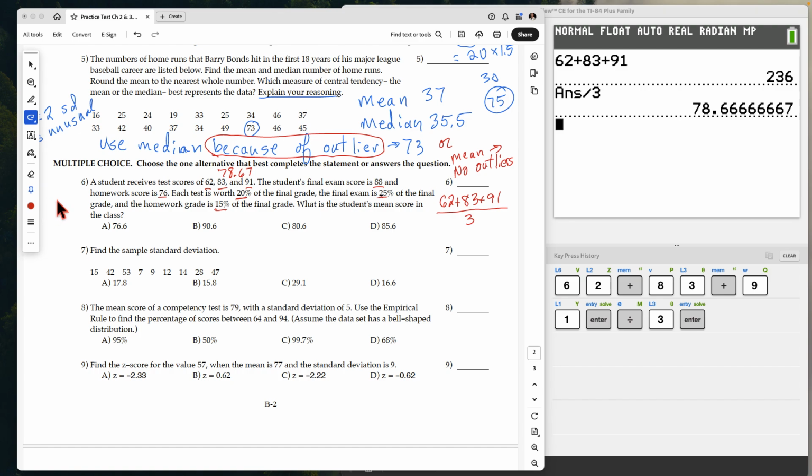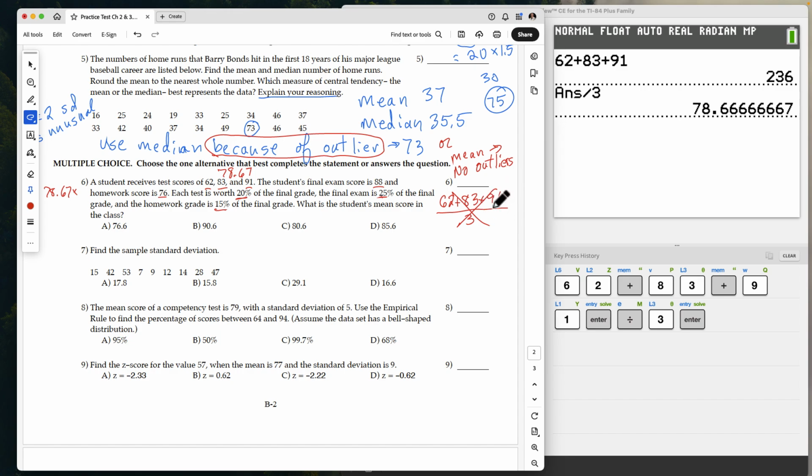So we would take the exam scores, the average of them, the 78.67. We're going to multiply that by, each test is worth 20%. Oh, wait. I guess we could do that. Because the percentages should add to 100. We could average it.